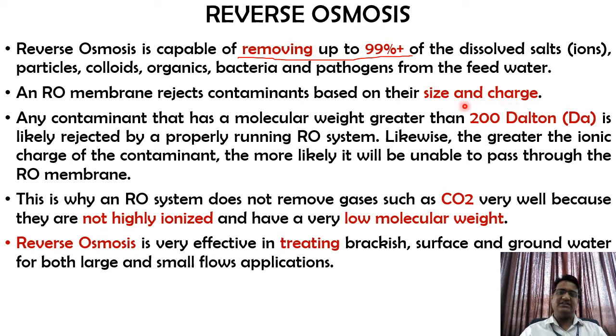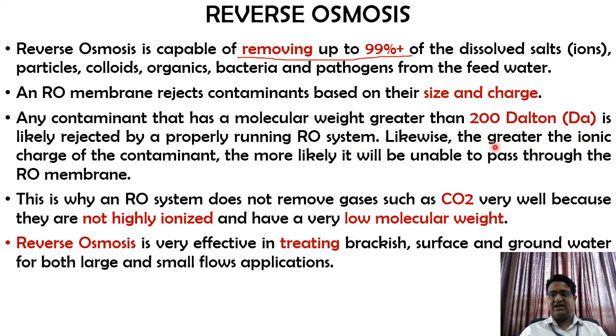As previously discussed, based on the pore size of that particular membrane, you differentiate what will be segregated and what will not. Similarly, it depends on the charge of that particle. Any contaminant that has a molecular weight greater than 200 Dalton, or gram per mole, is likely to be rejected by a properly running RO system.